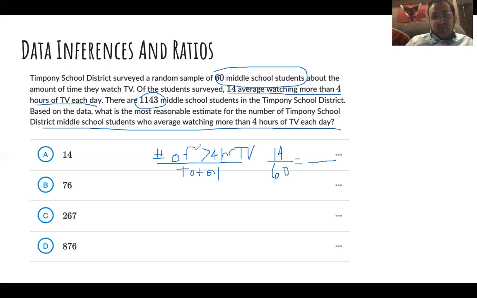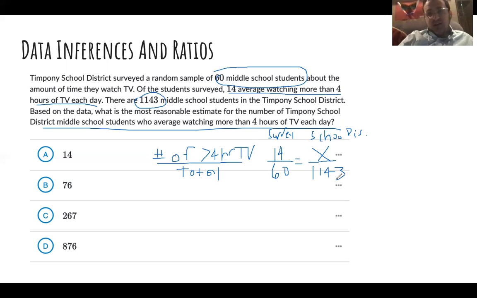So I'm thinking about, am I going to put this in the number of greater than 4 hour TV row or the total? And it's asking how many are watching over 4 hours. So that's going to be in the greater than 4 hour row. This is the school district column. And on this side is the survey column. And we have 1,143 middle school students in total. So what we're going to do is we're just going to cross multiply.